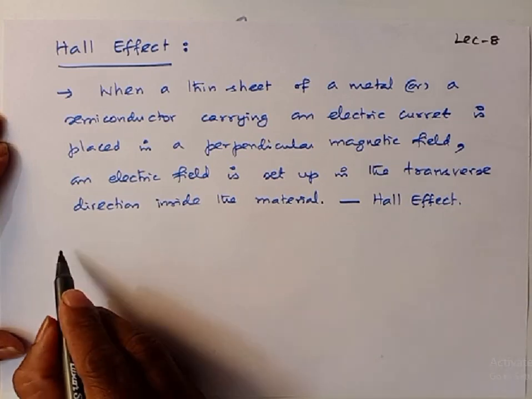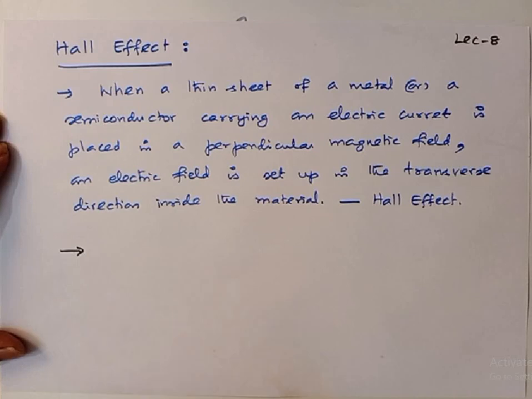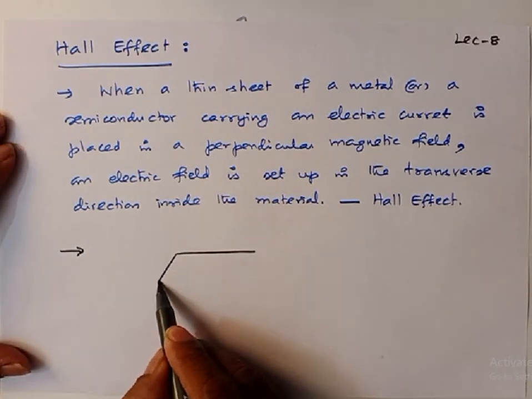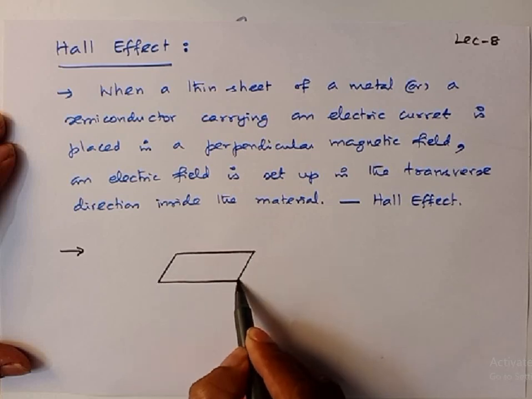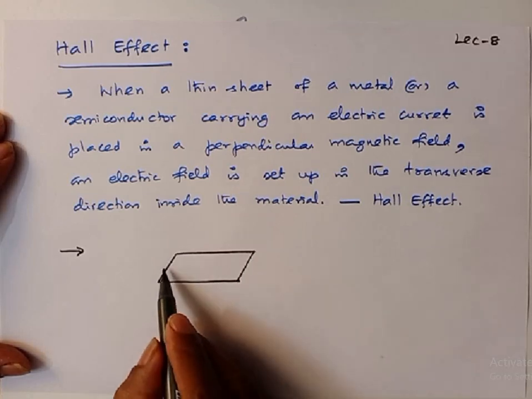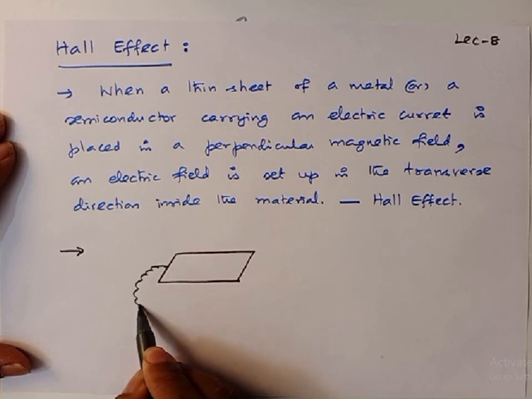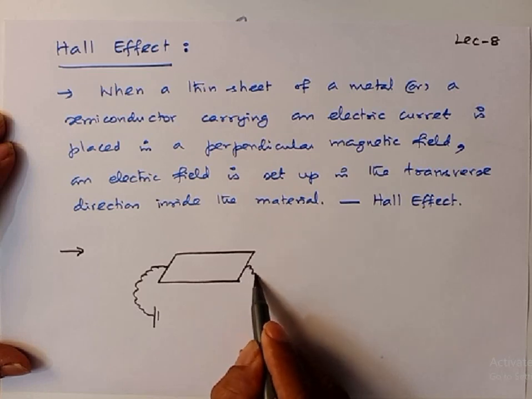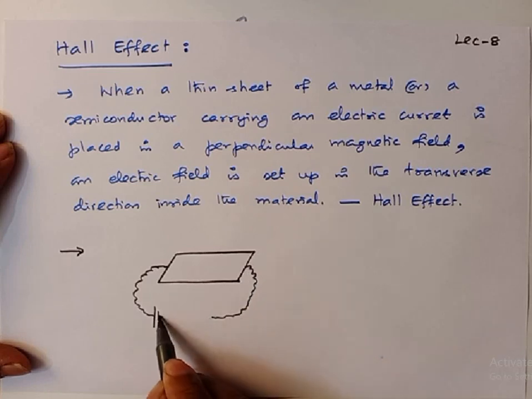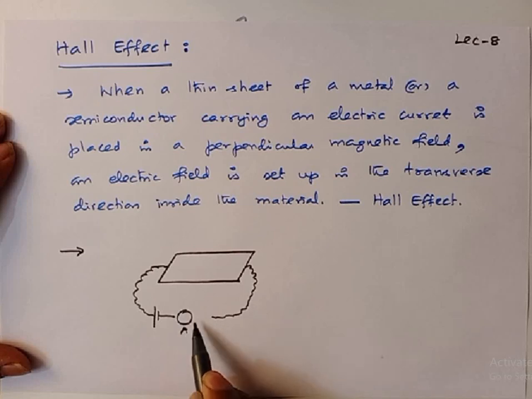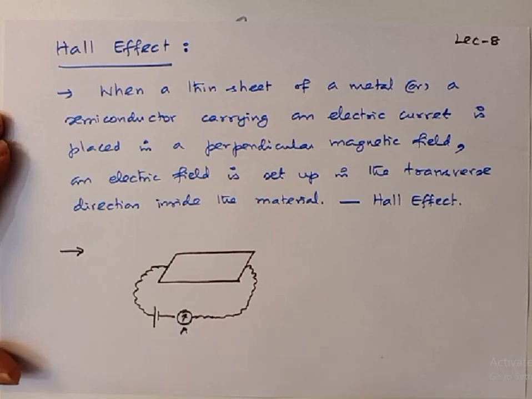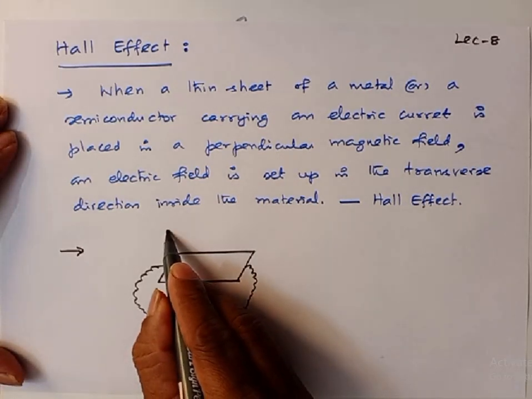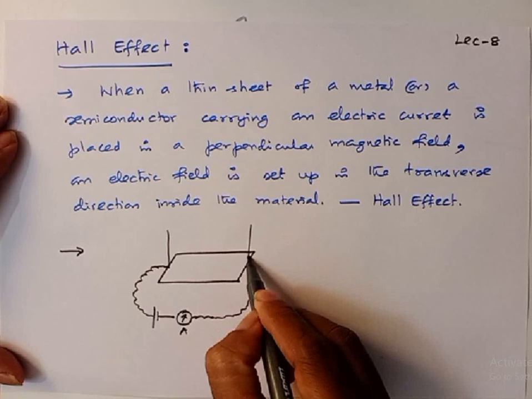Now let me explain this. You take a thin sheet of, say, metal. I'll connect these two ends through a battery, and I'll place a meter to measure the current flowing in the circuit, and I'll connect a voltmeter across this point.